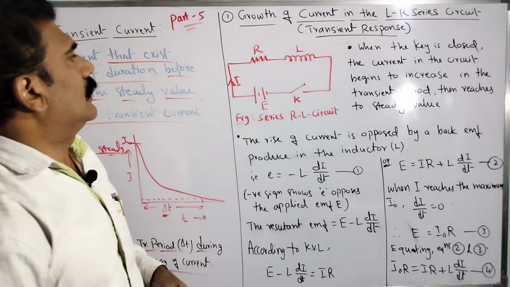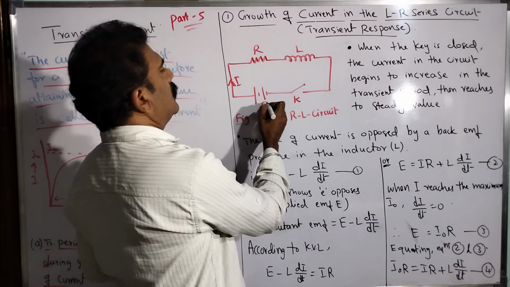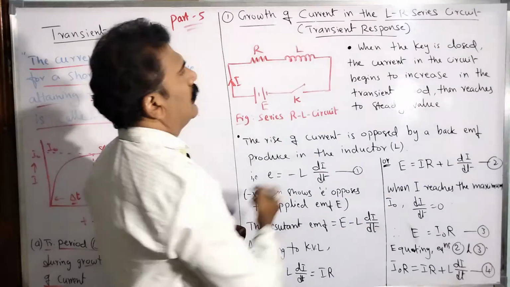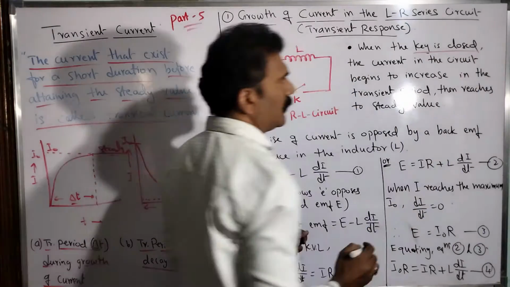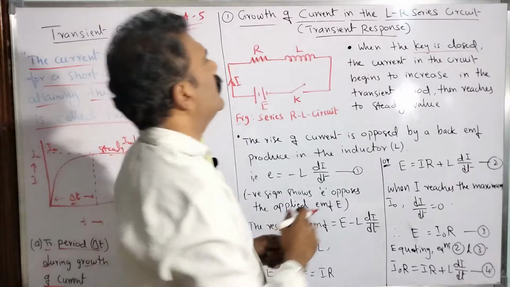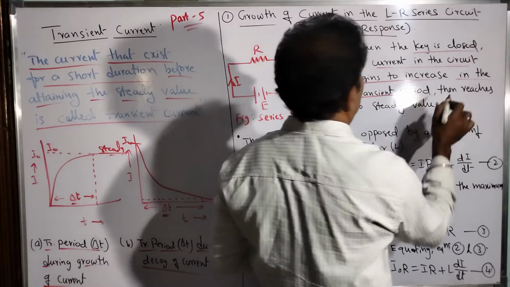Clear? Now, in the circuit consisting of RL in series with the supply EMF E and a tapping key K, the moment you press the key, the circuit is closed, isn't it? The current in the circuit begins to increase in the transient period.